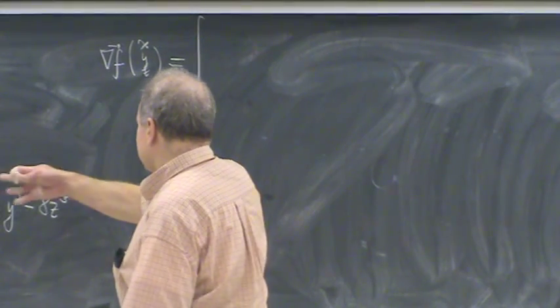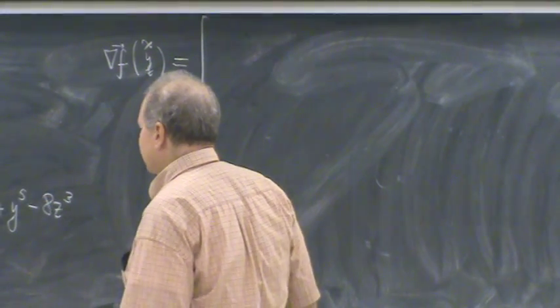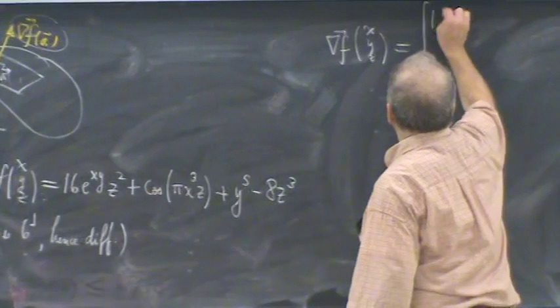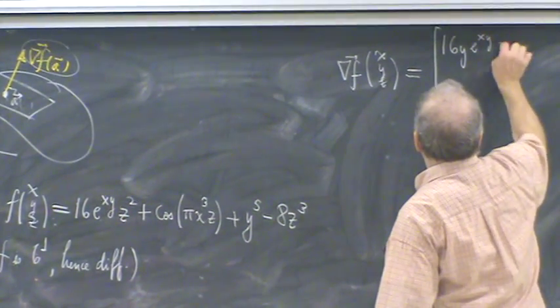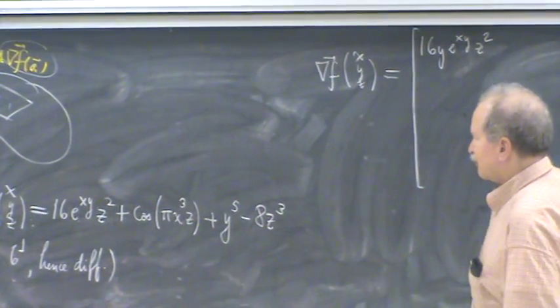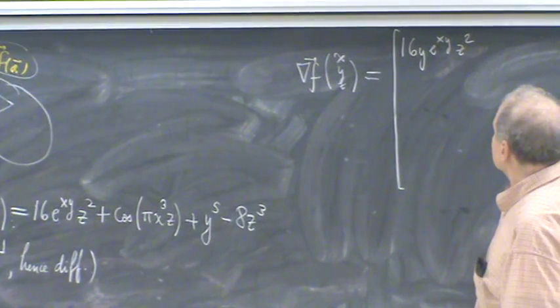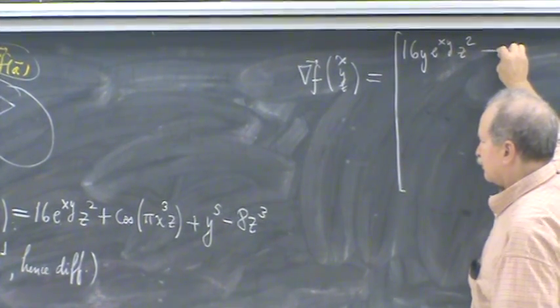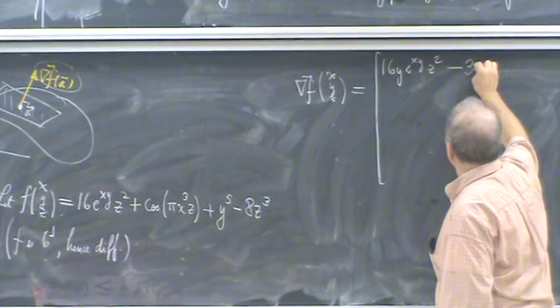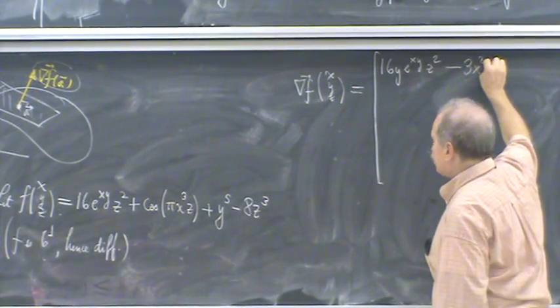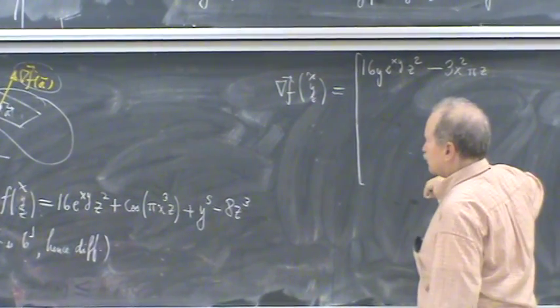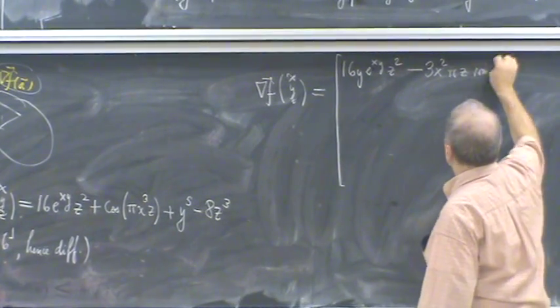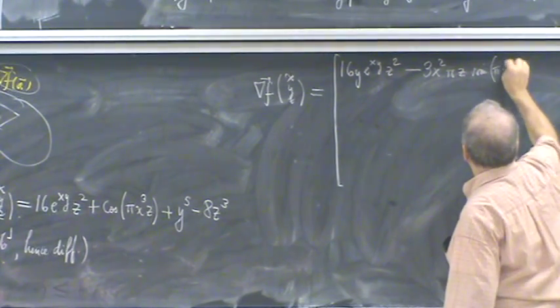What's the partial with respect to x of this mess? 16 e to the xyz squared, minus 3x squared pi z sine of pi x cubed z.